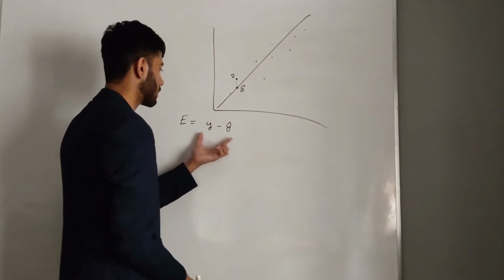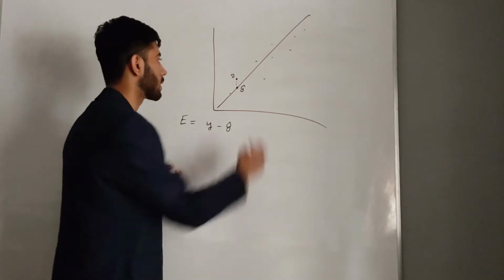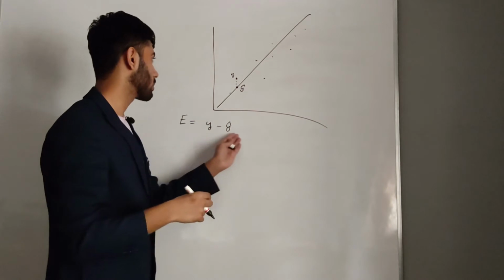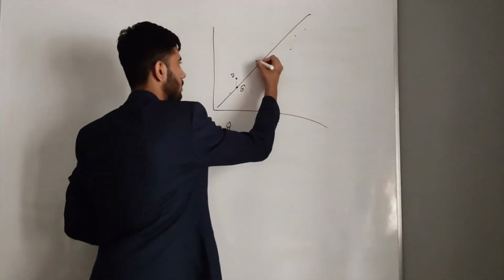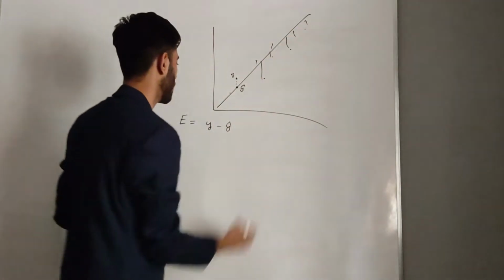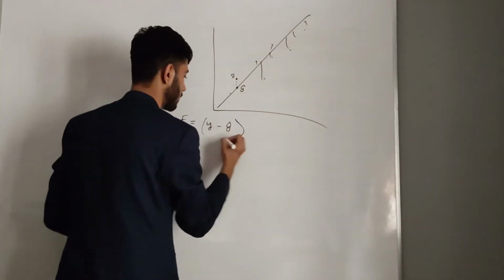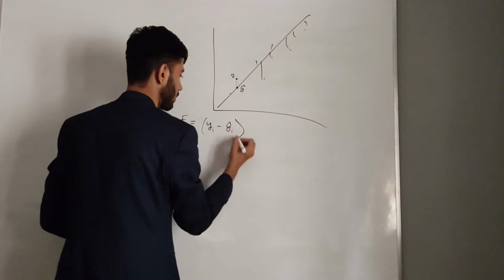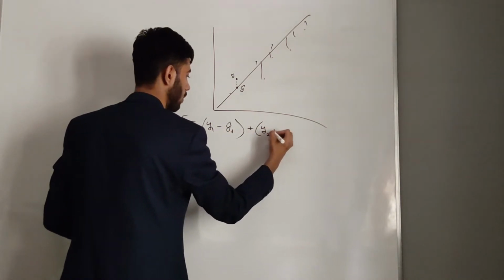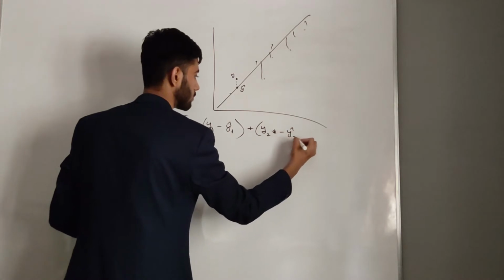Now, this is not going to be my only error. Since there are multiple data points, I have to calculate the sum of all the errors. Suppose this is my error, this is my error, and so on.